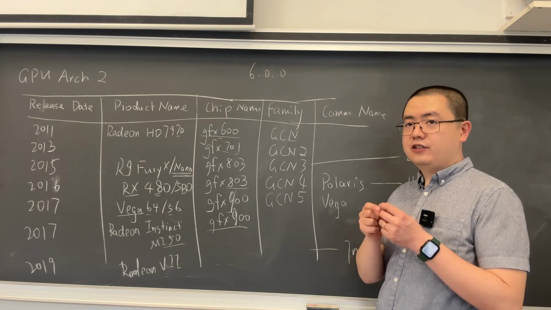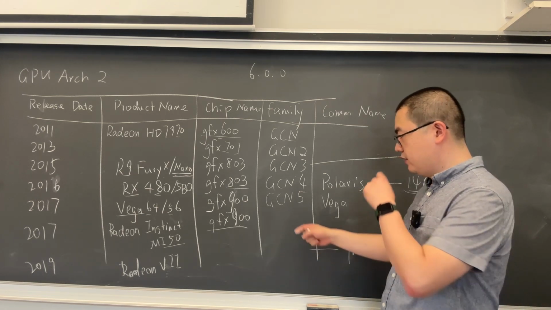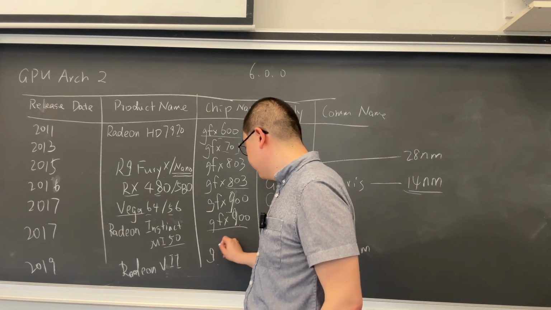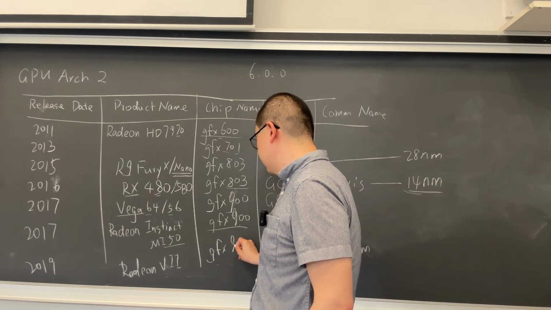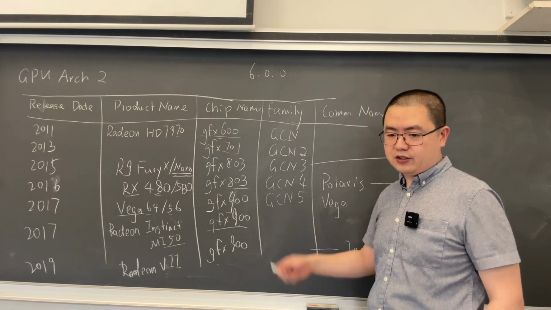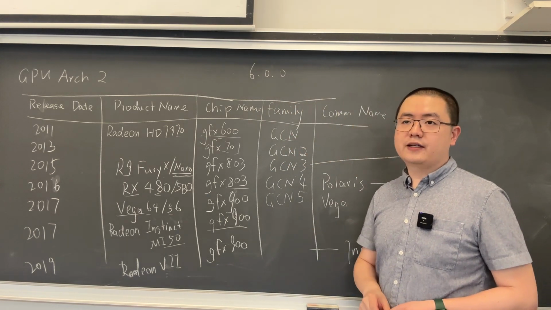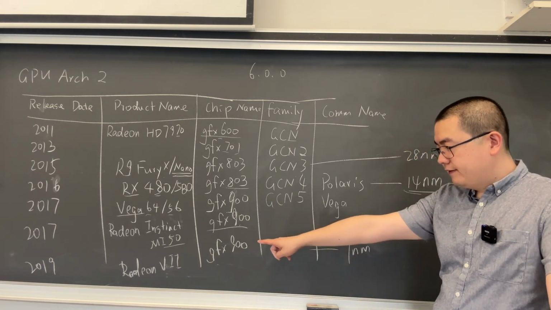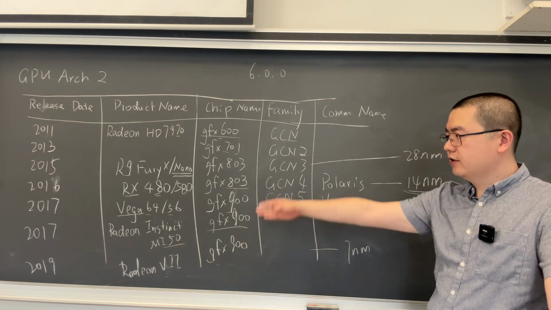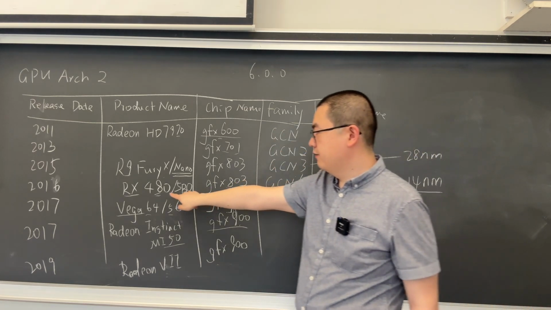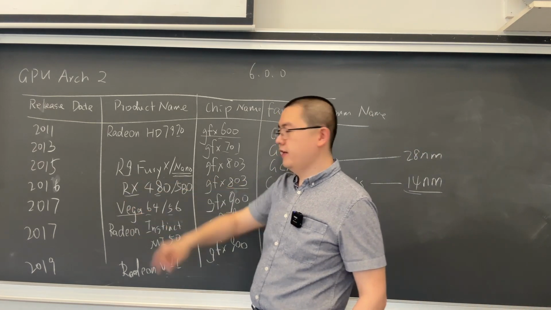It's actually super small, much smaller than this one, but the version is still GFX 900. By that time it's basically still GCN 5, but they don't say GCN 5 anymore. So Radeon 7, you can see, is not following any numbering system like 8 or 9 here.